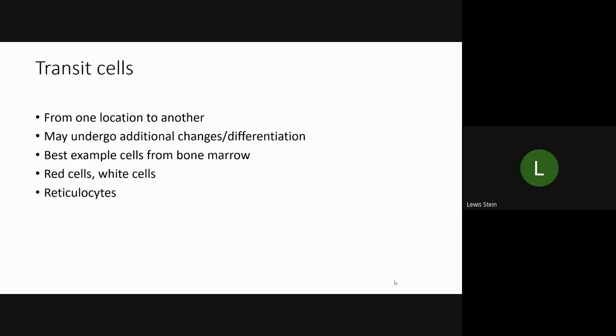Transiting cells are going from one place to another, and sometimes they change as they're moving. Again, we look at the bone marrow: red cells and white cells. With white cells, typically there's a maturity process. Most of the time when a white cell leaves the bone marrow, it's fairly mature. In infections, diseases, and injuries, our body makes a big effort to repair itself, so sometimes it puts out immature forms.